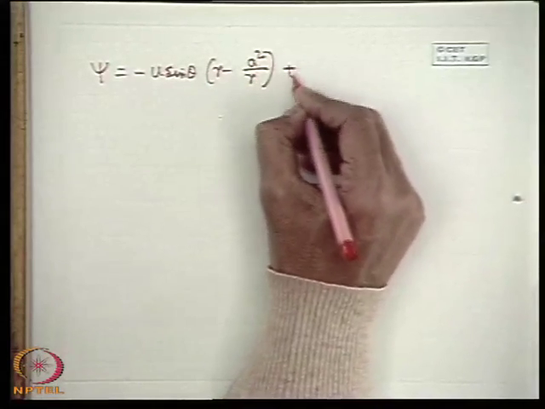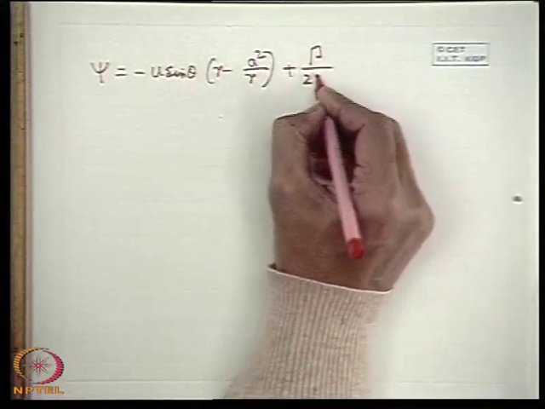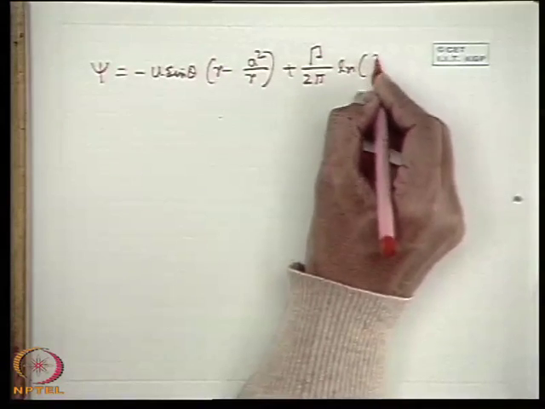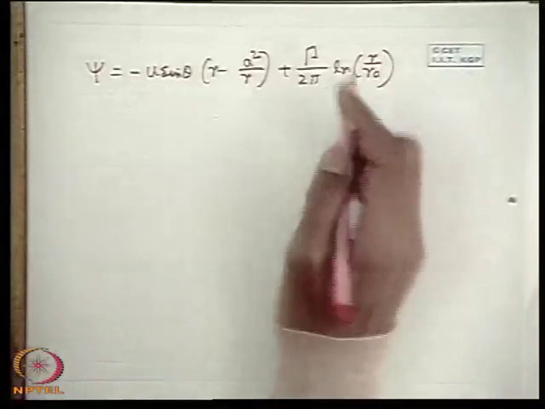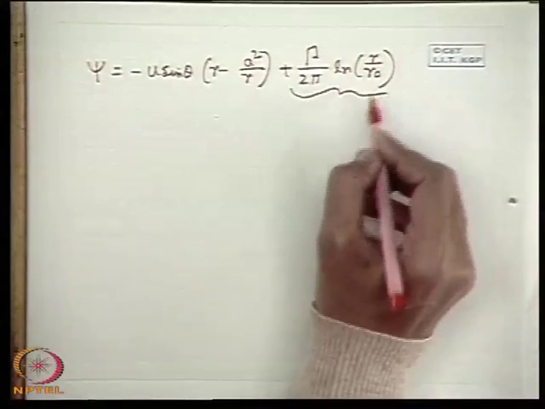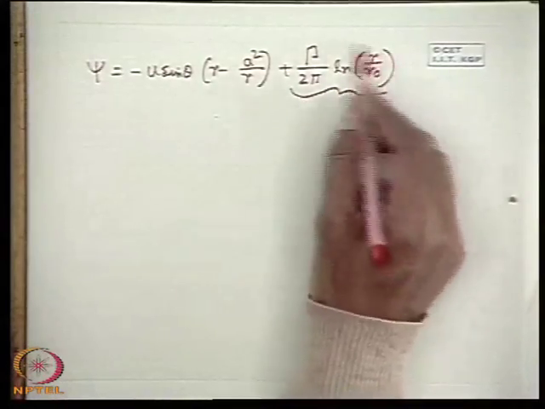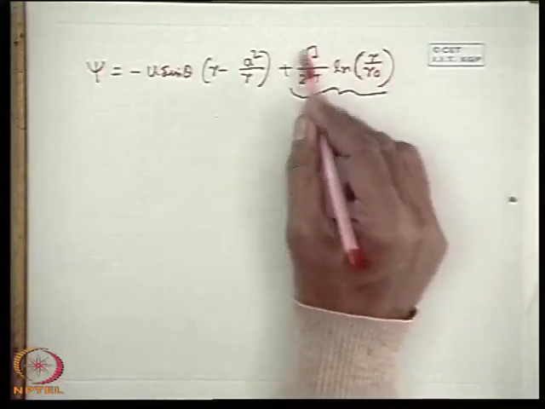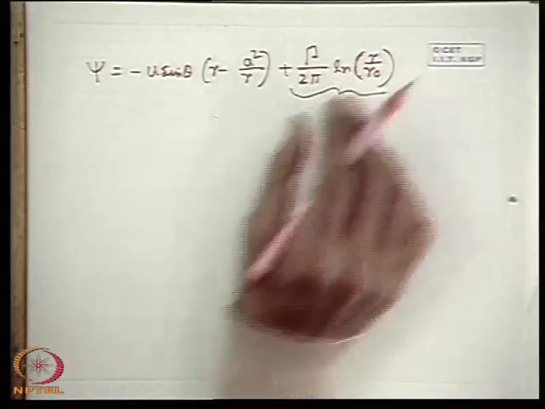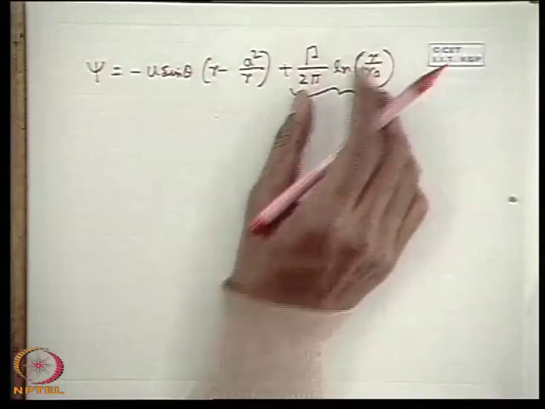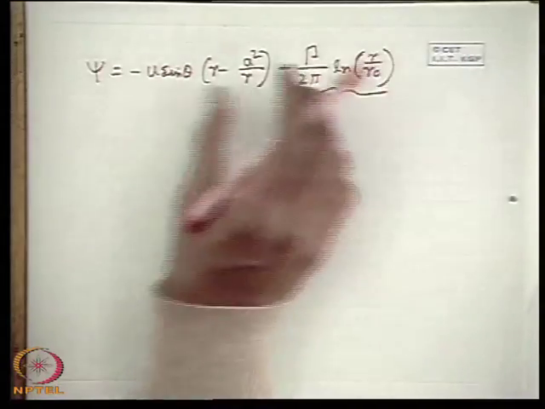To this we add gamma by 2 pi ln r by r0. Now here we will notice always that when we add a circulation term, an irrotational vortex motion or a free vortex motion, what do we get? We get an asymmetry because a separate additional function is added to it.